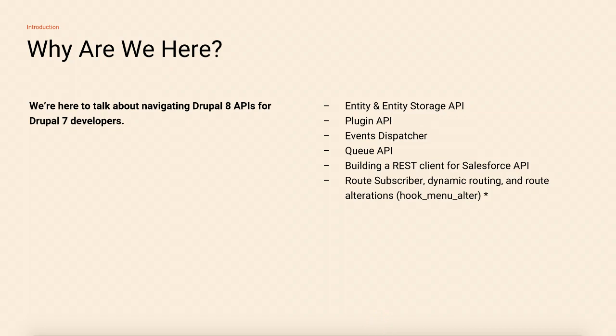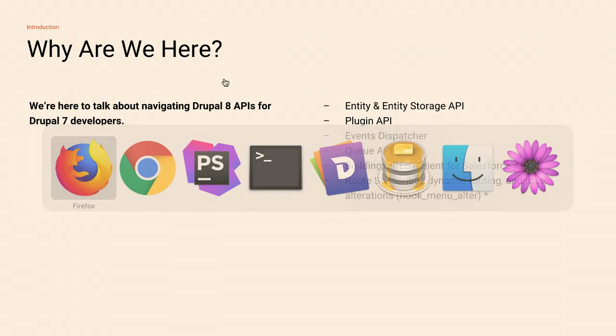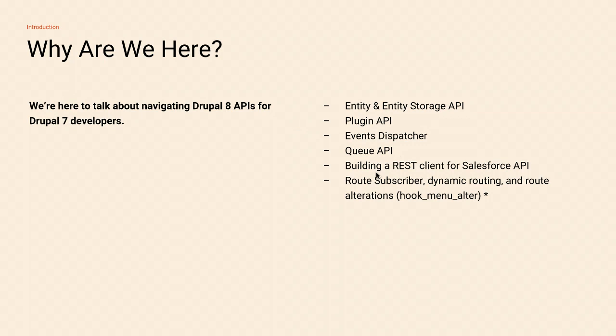So we'll hit as many of these points as we can, and I'll talk about the Drupal 7 to Drupal 8 equivalents for the various APIs that the Salesforce module uses, and trade-offs along the way.